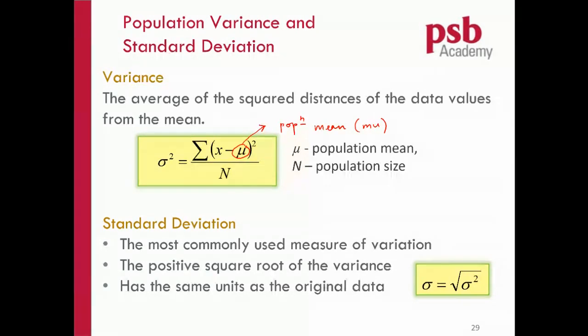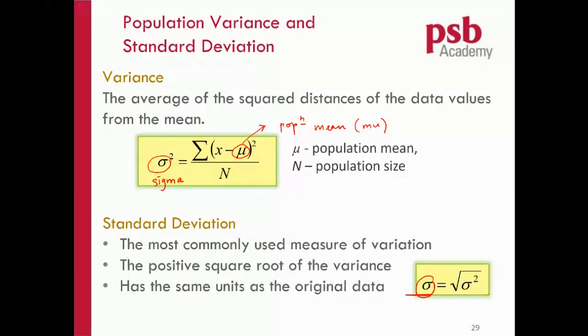For variance, it is this symbol squared. Remember, this symbol is just the standard deviation. You square it, you get the variance. This symbol is called another Greek letter, sigma.